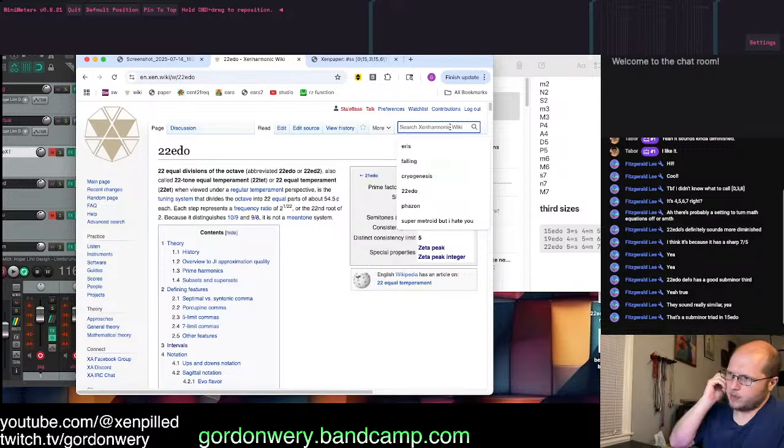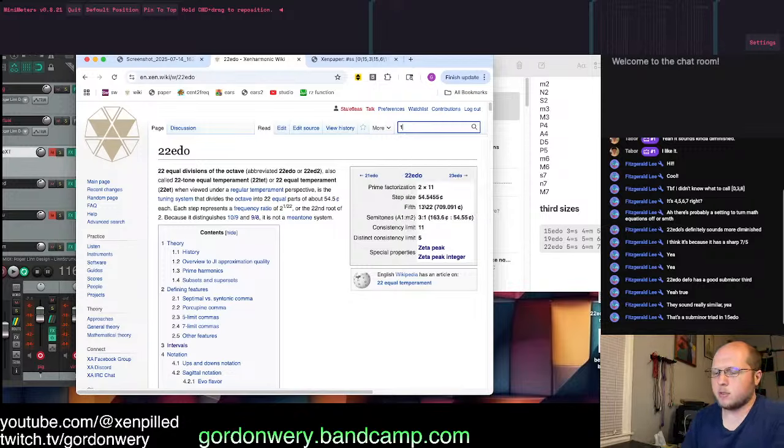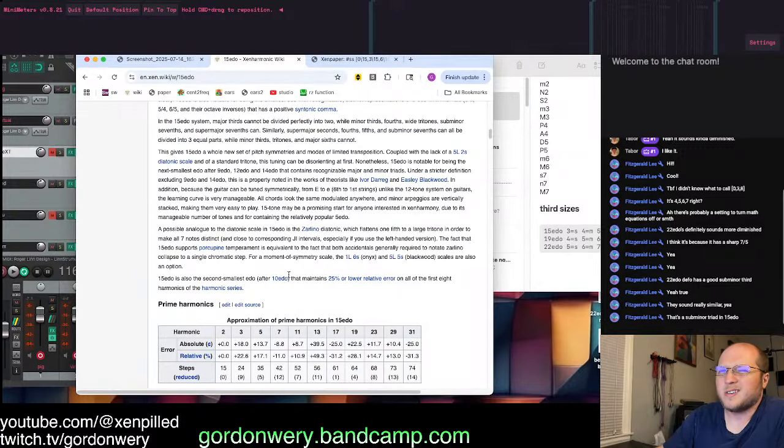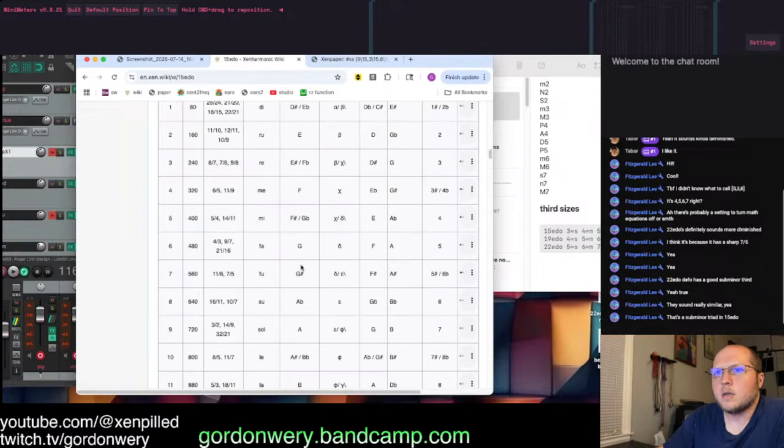So the super major in 15 is quartal. So it's not distinct. A super major third is a fourth in 15, so you wouldn't have a super major stack that would be distinguishable from a quartal chord.